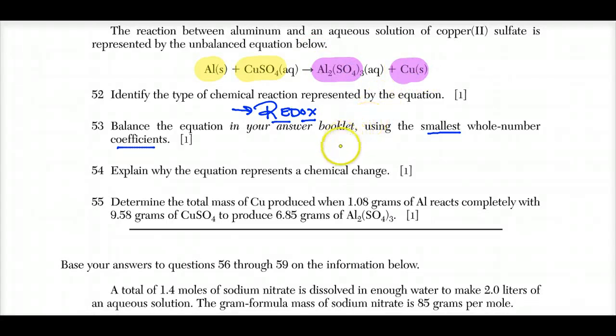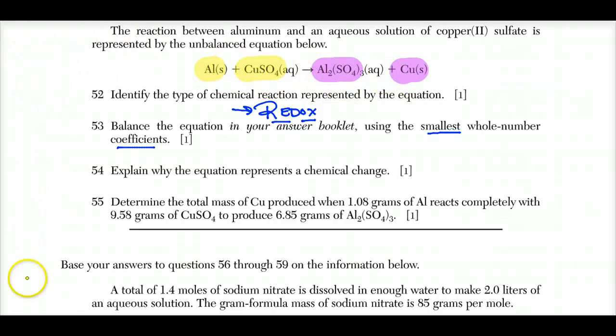So it's a chemical change because we are making brand new compounds or chemical substances. So there are new chemical formulas being made. We're starting with aluminum and copper sulfate. We make aluminum sulfate and copper.